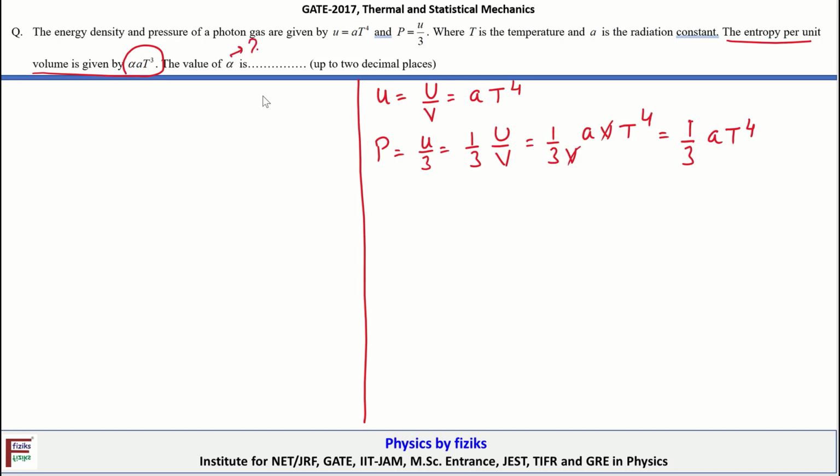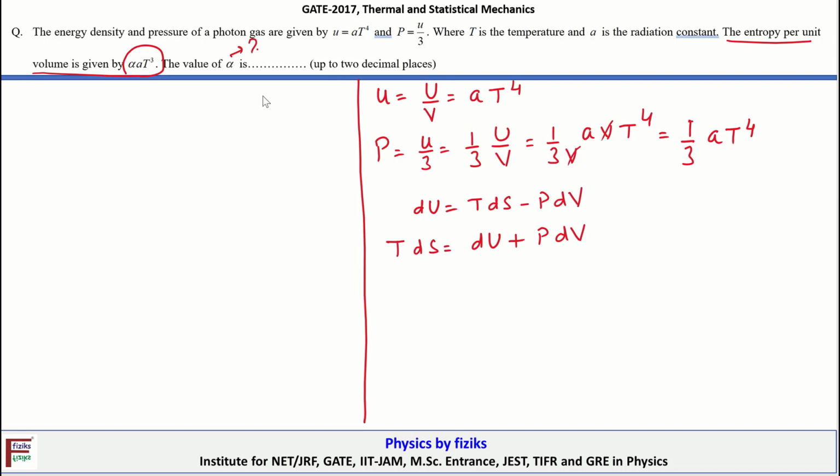We can handle this problem by making use of the modified form of the first law of thermodynamics. We can write dU equal to TdS minus PdV, or after rearranging we obtain TdS equal to dU plus PdV.